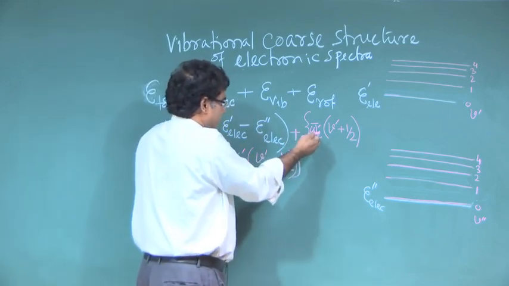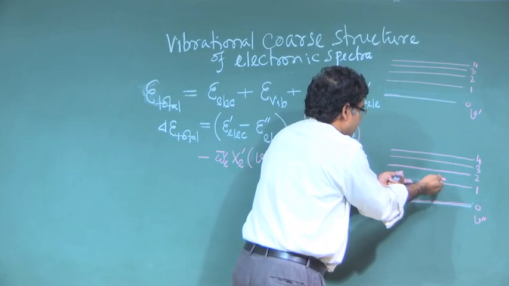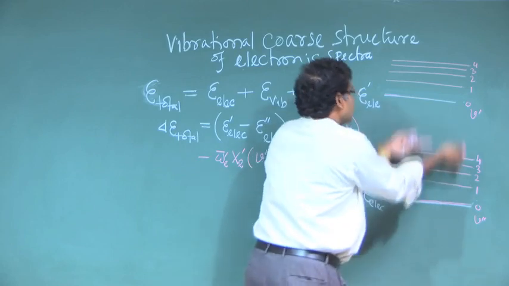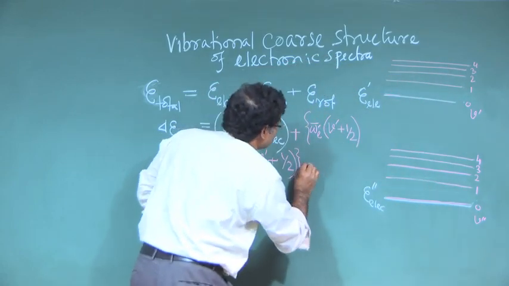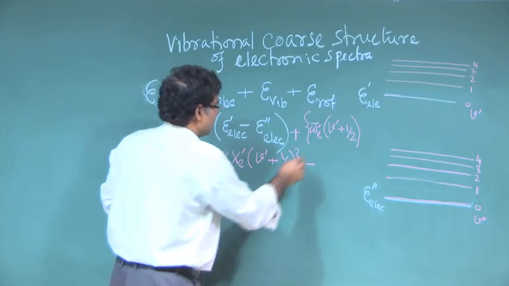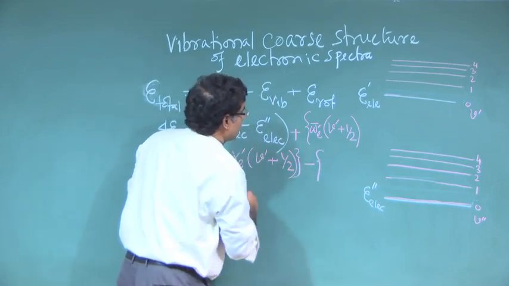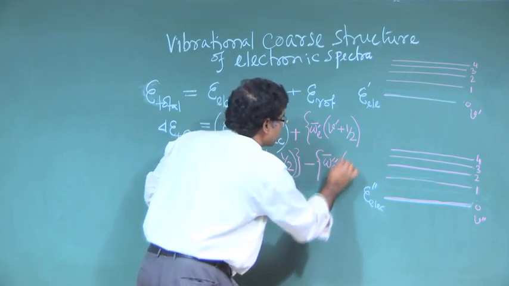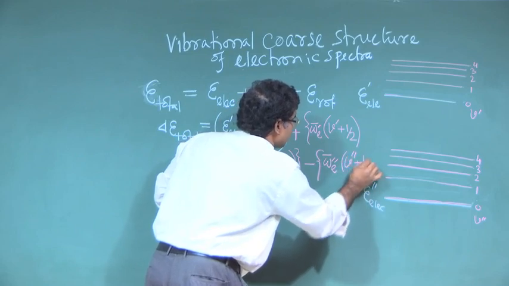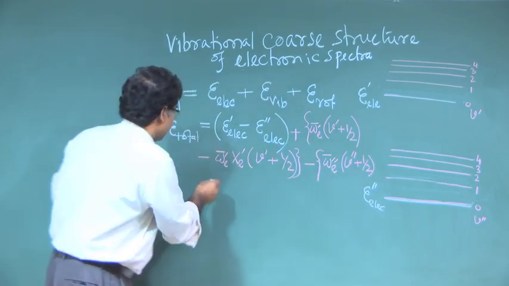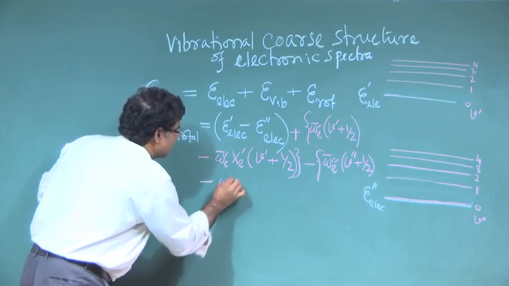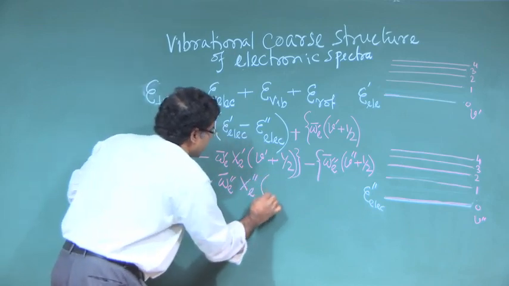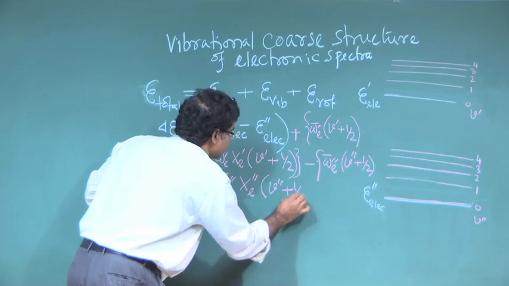So this is the vibrational energy in one of the states, V equal to 0, 1, 2, 3. Now, going from here to here, minus omega E bar double dash, V double dash plus half, minus omega E double dash chi E double dash, V double dash plus half.